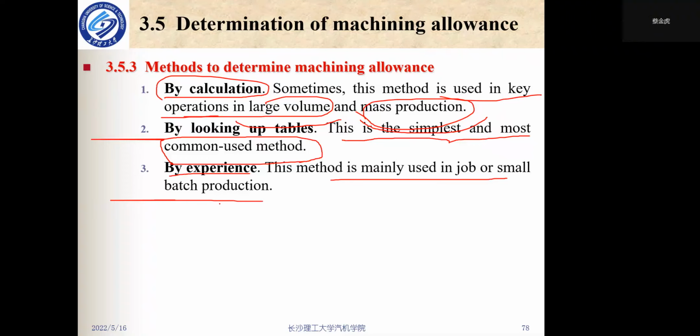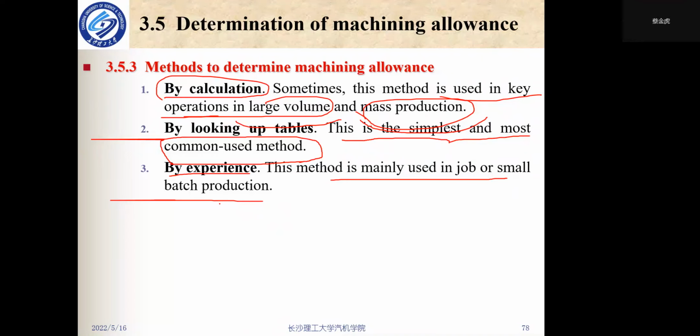So we have the three methods to determine machining allowance, and the first one is by calculation. Theoretically, scientific and rational machining allowance can be determined by means of this method, but there must be reliable experimental data. It is not widely used at present.